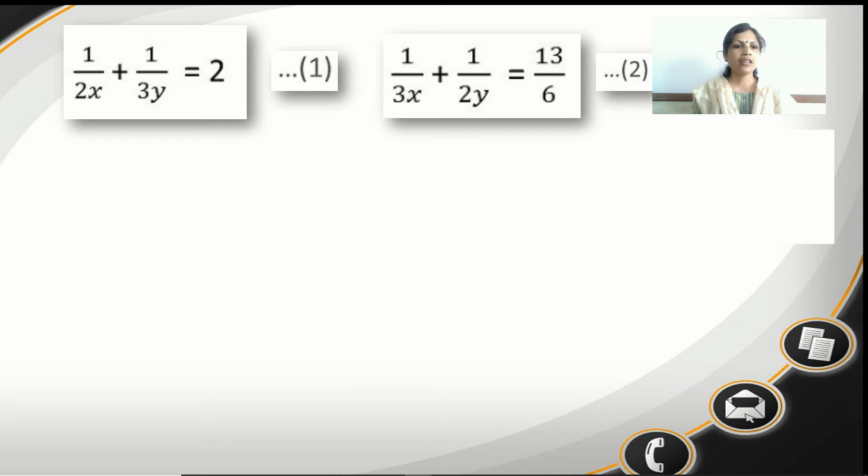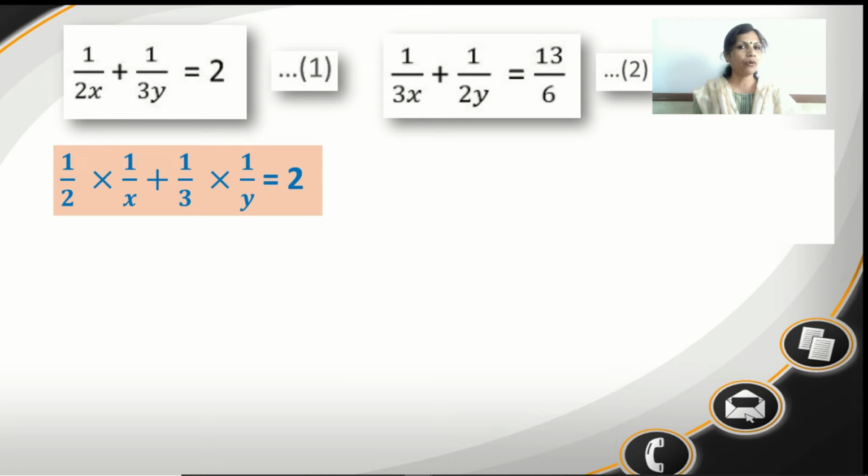So I have written the equation in this manner. 1 upon 2x, you can write as 1 upon 2 into 1 upon x, plus 1 upon 3y, we can write as 1 upon 3 into 1 upon y, and is equal to 2 as it is. Now children, we have considered 1 upon x as u.